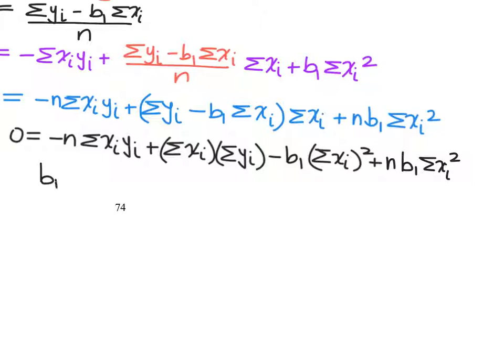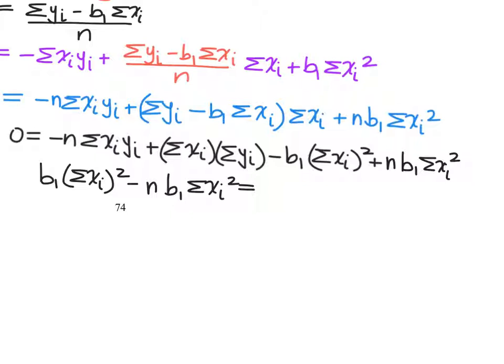So we're looking at b sub 1 times the sum of x sub I squared minus n b sub 1 times the sum of x sub I squared equals everything else.